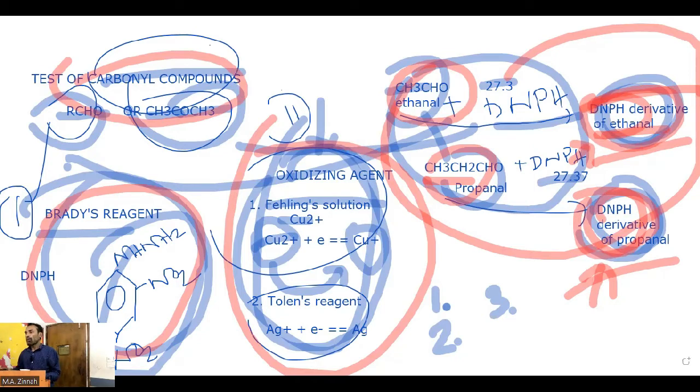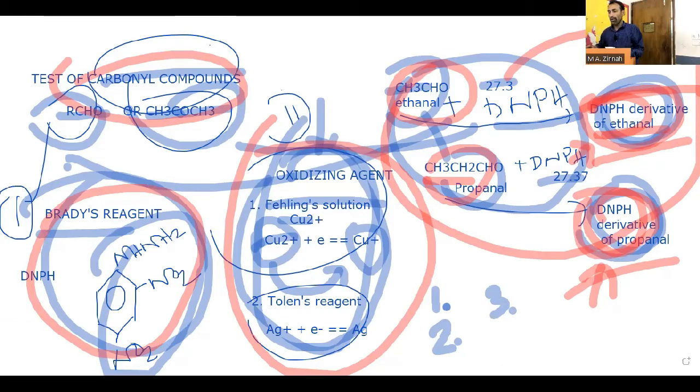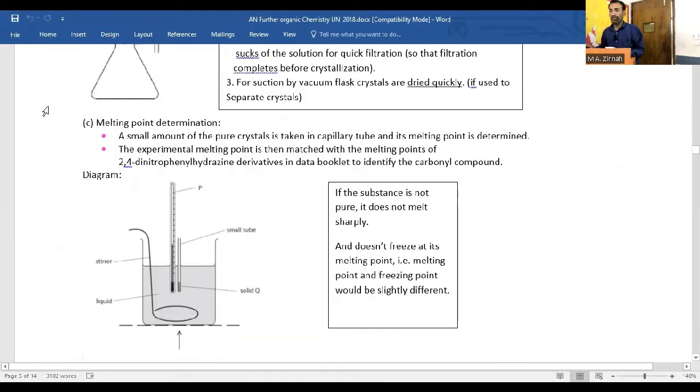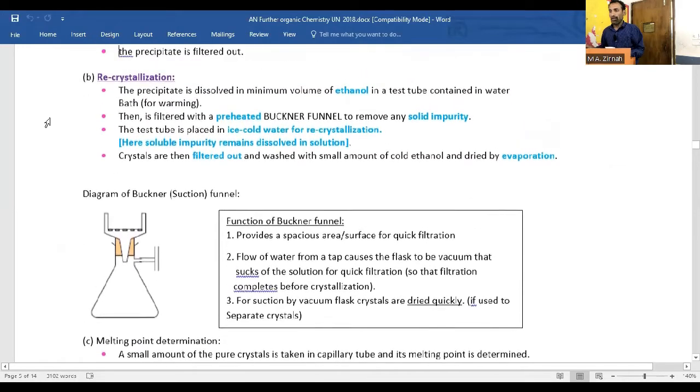তো আমরা একটু নোটটা ঘুরে আসি. I will show you the note, then I will discuss things here. Just read the note. First step is precipitation, second step is purification, that's recrystallization, and third point is measuring melting point. So you read this.